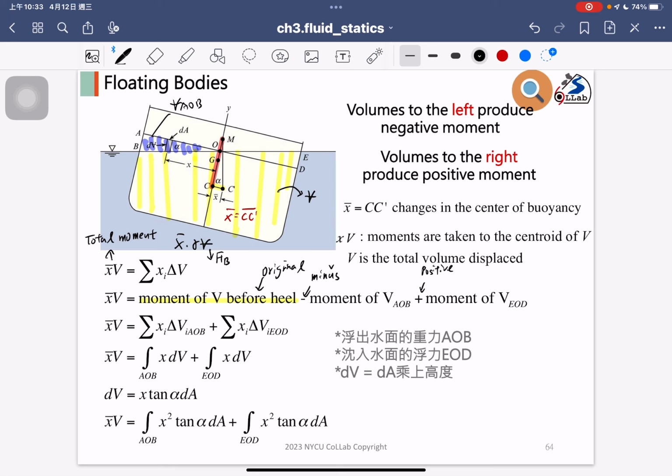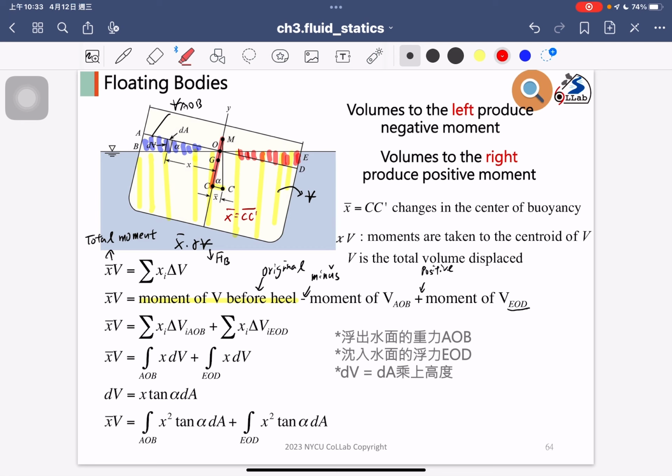The reason why is because there is the EOD. Where is the EOD? The EOD is just the region in there. The EOD is the volume contributed by the right side, so the right side always produces the positive moment.